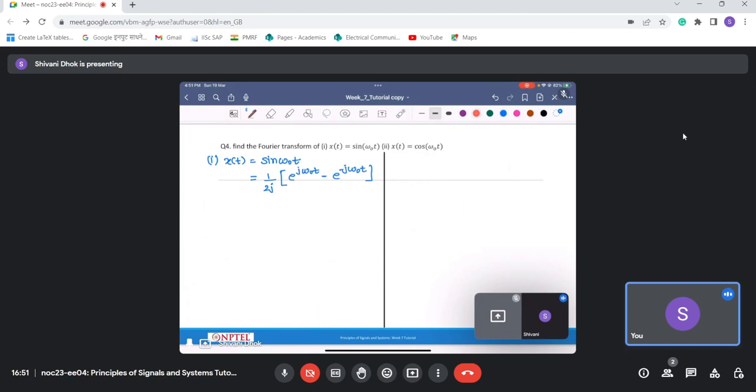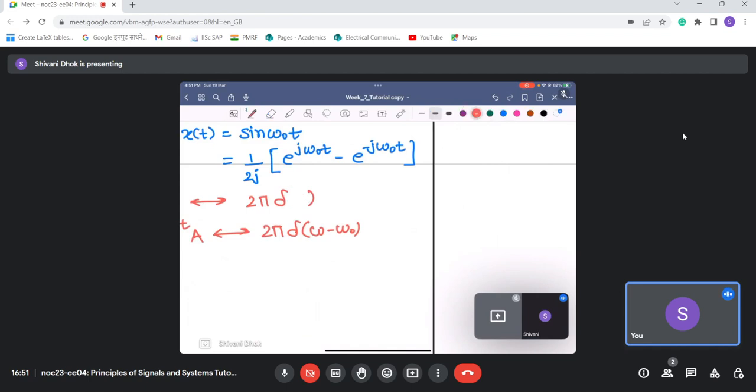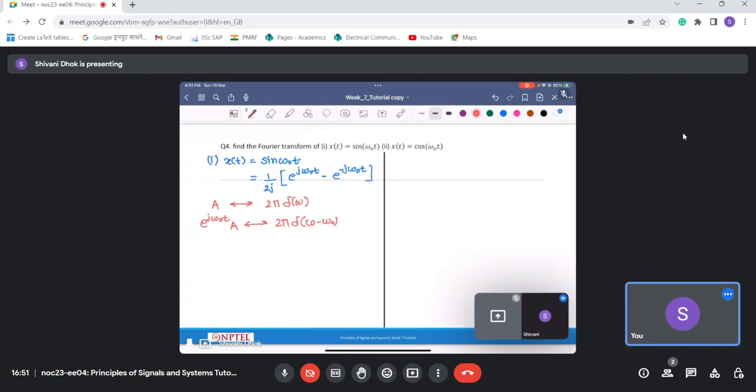And by the duality property, we know that any constant a has Fourier transform 2 pi delta omega. Therefore, if I multiply this by e power j omega naught t, then the Fourier transform of this will be simply 2 pi delta of omega minus omega naught. I'm sorry, this is not a, this is omega.